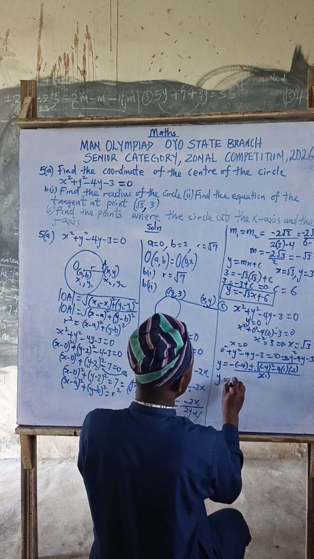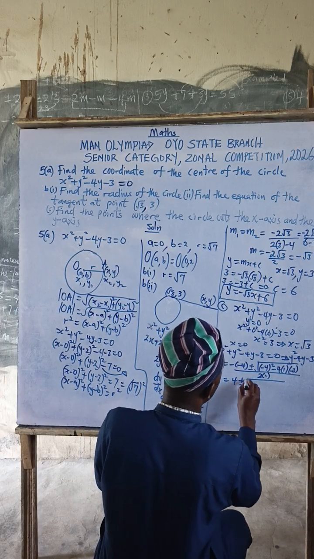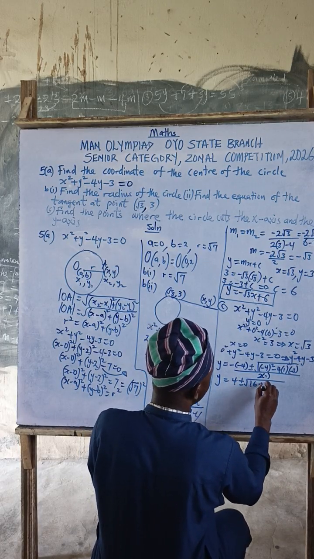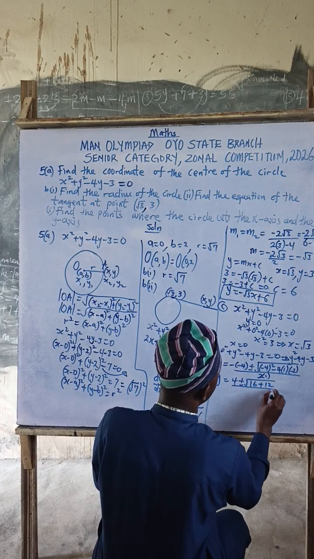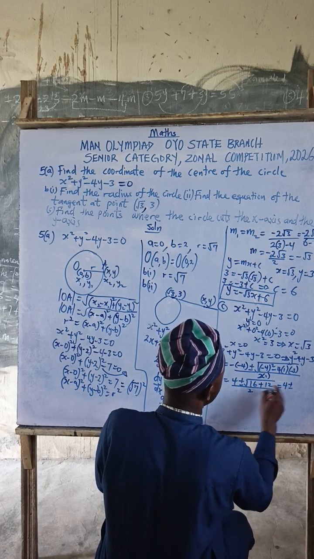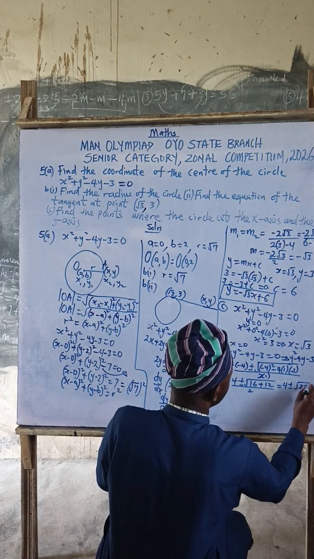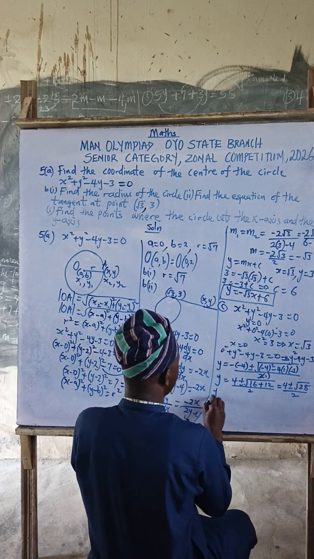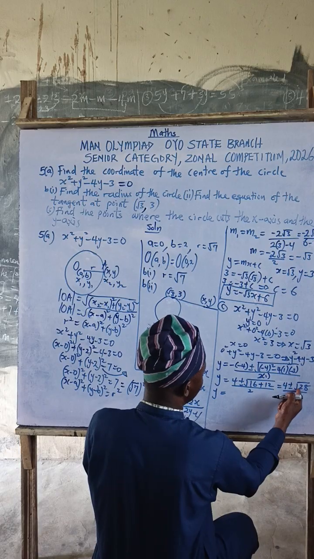So y equals 4 plus or minus square root of 16 plus 12, divided by 2. When you simplify, we have 4 plus or minus root of 28 divided by 2. We can write 28 as 4 times 7.